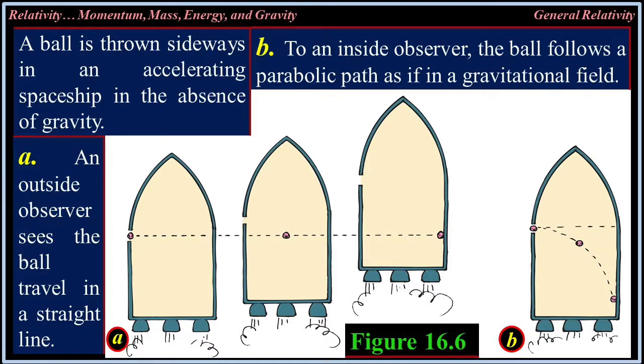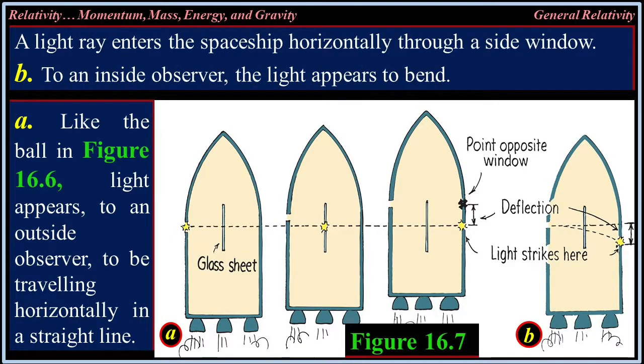An observer outside the ship still sees a straight line path, as illustrated in figure 16.6a, but to an observer in the accelerating ship, the path is curved. It is a parabola, as shown in figure 16.6b. Figure 16.7 illustrates that the same holds true for a light beam.